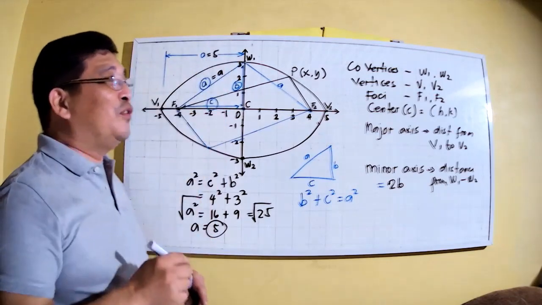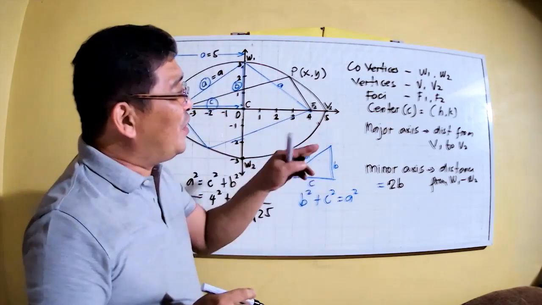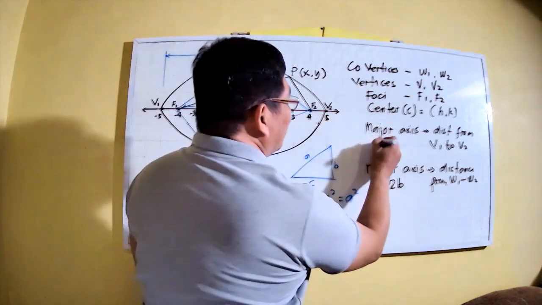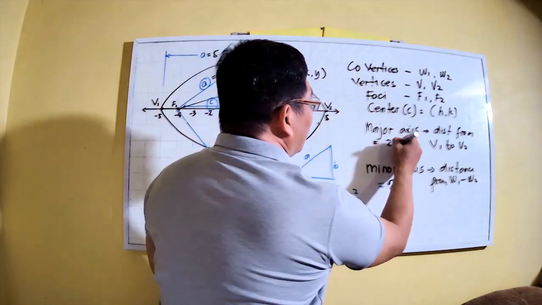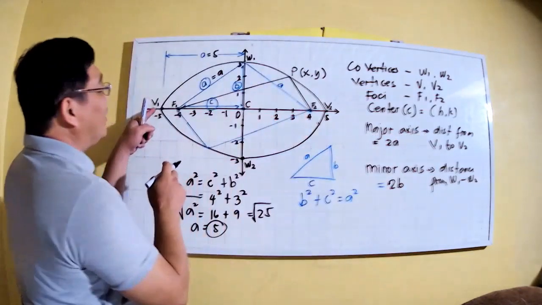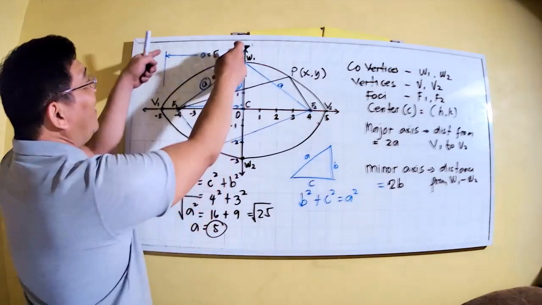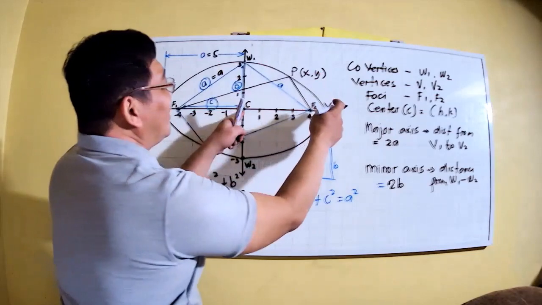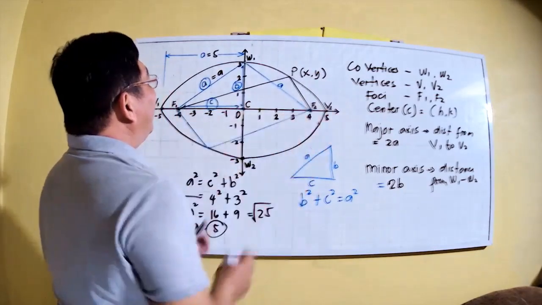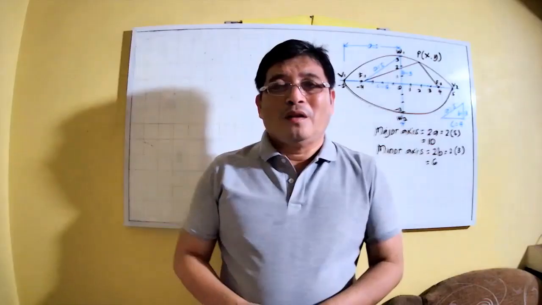So now we can conclude that the major axis is equals to 2A. Since we have from vertex 1 to center is equals to 5, which is equivalent to A, and center to another vertex is equals to A.